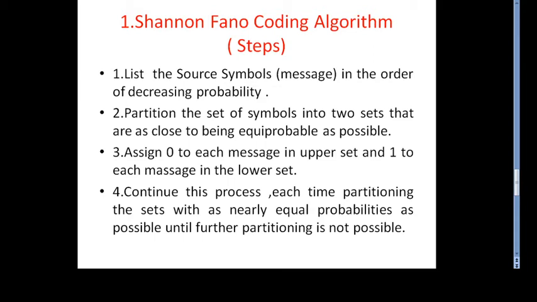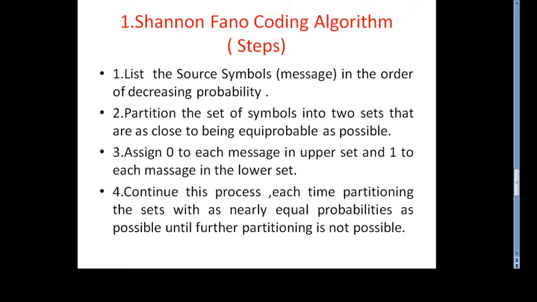Third step, assign 0 to each message in the upper set and 1 to each message in the lower set. Continue this process, each time partitioning the set with as nearly equal probability as possible, until further partition is not possible.